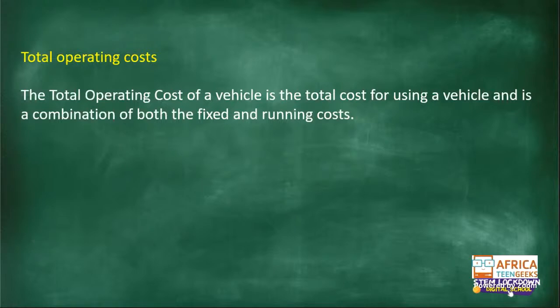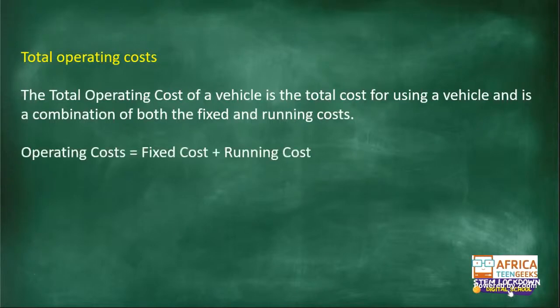So we have running costs, we also have fixed costs. If you add the running costs and the fixed costs, then you are now talking about the total operating costs.